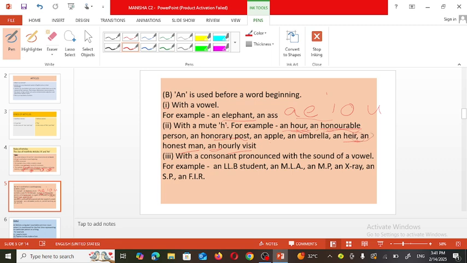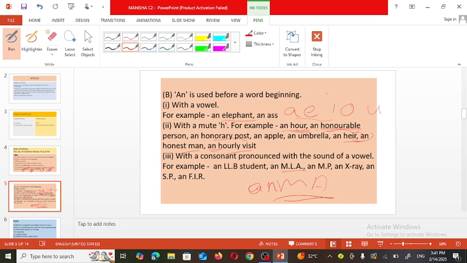Next, a consonant pronounced with the sound of a vowel. For example, when we are talking about degrees, if you want to say MA English, when we say MA, it sounds like a vowel, and that's why an will come before MA degree.